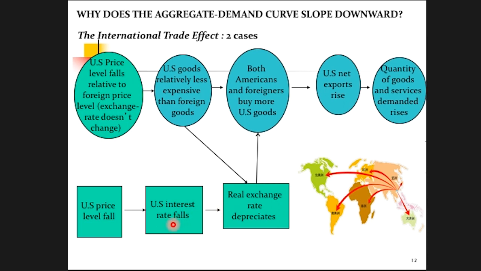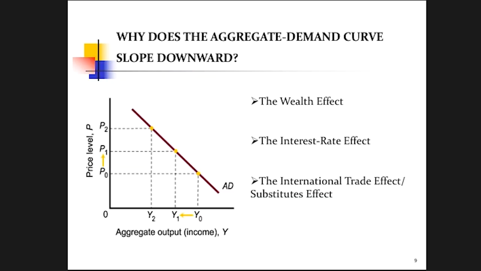And finally, we have the increase in the demand. So these three effects explain the movement along AD.